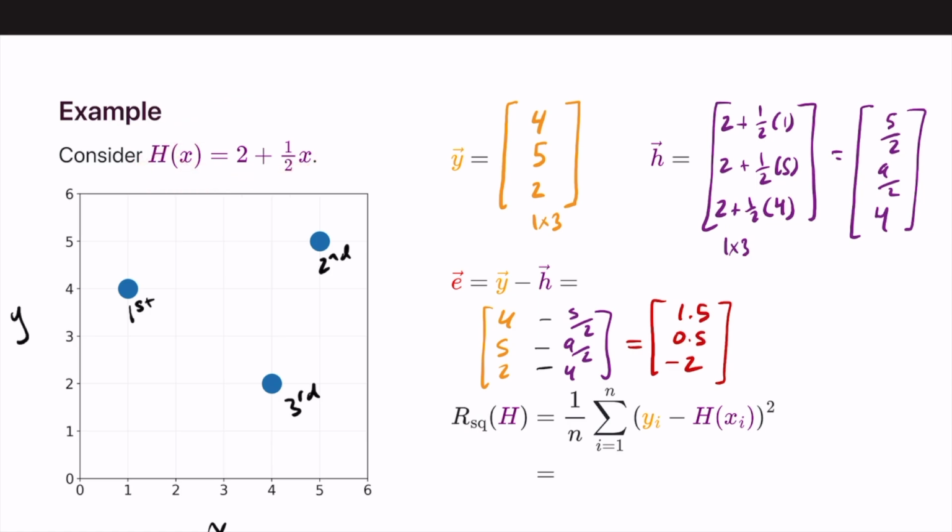And remember that 2 would be our intercept, so we'll start from 2. And we're going to go 1/2 times x. So it will be, remember, rise over run, so up 1 over 2. So we start here, go up 1 over 2, go to here, up 1 over 2, go to here, up 1 over 2, go to here. So our hypothesis function's line, sorry, not our best fit line, will be this.